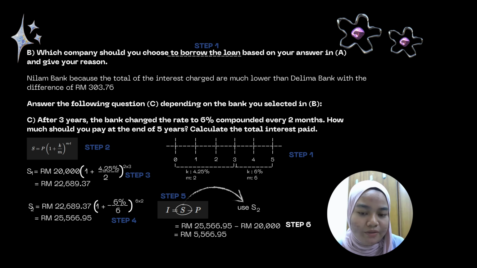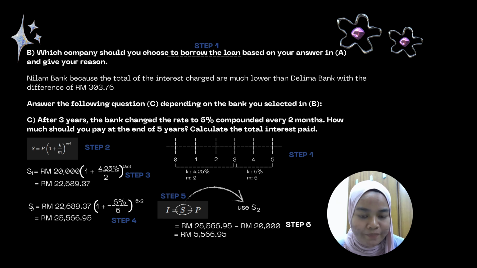So we get the answer 22,689.37 ringgit. The calculation of S2 is 22,689.37 ringgit, which is S1, open bracket, 1 plus 6% per 6, close bracket, multiplied to the power of 6 times 2.